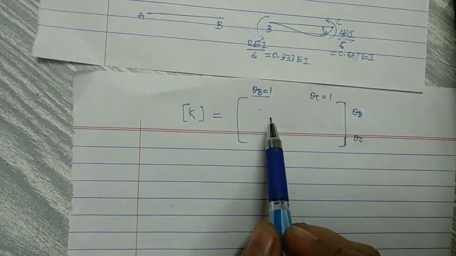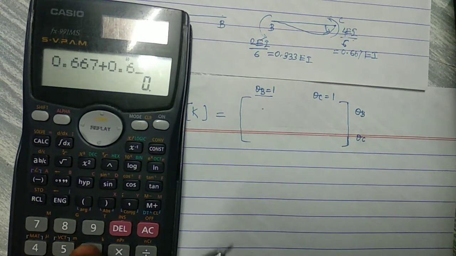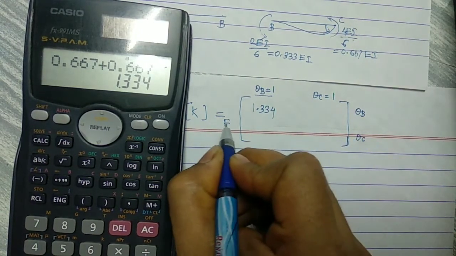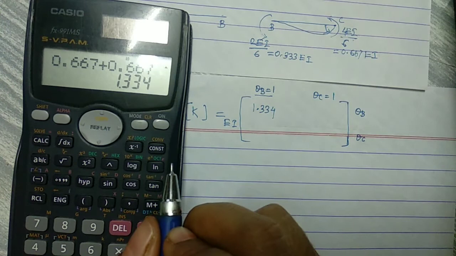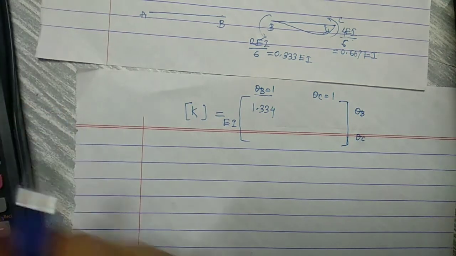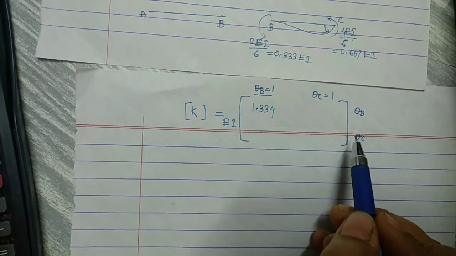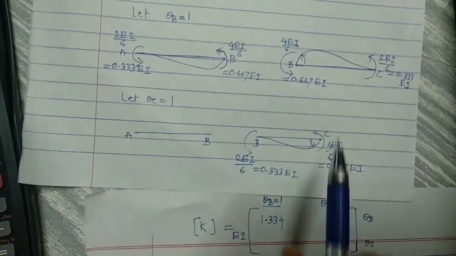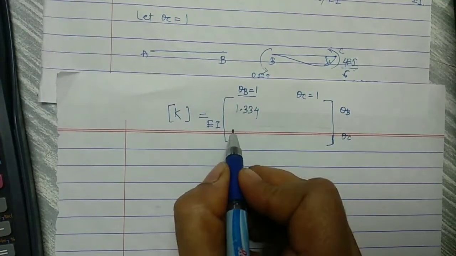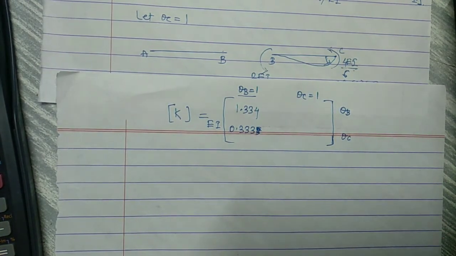So the total element is 0.667 plus 0.667 equal to 1.334 EI, that is outside the matrix. Okay, 1.334. Now the second element under theta B equal to 1, corresponding to theta C, moment at C. So the moment at C is 0.333 EI. Action corresponding to theta C, EI is written outside.